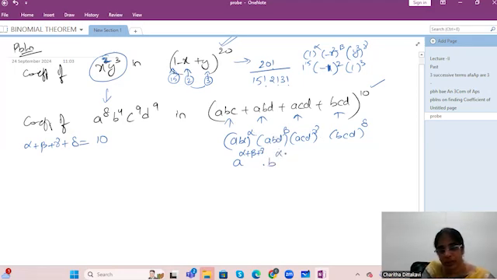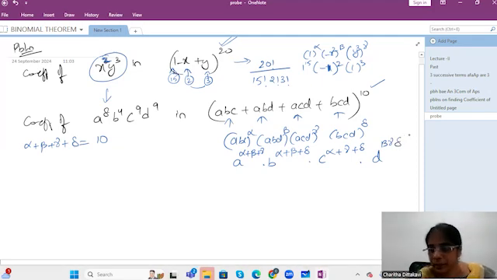So b to the power alpha plus beta plus delta, into c to the power alpha, c to the power gamma, c to the power delta, into d to the power how much now? D to the power beta, d to the power gamma, d to the power delta.